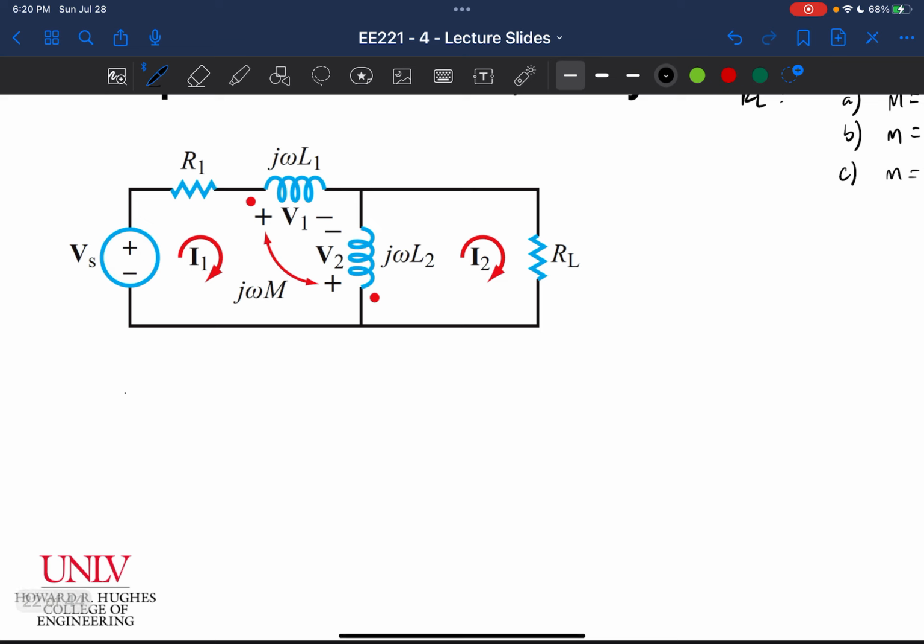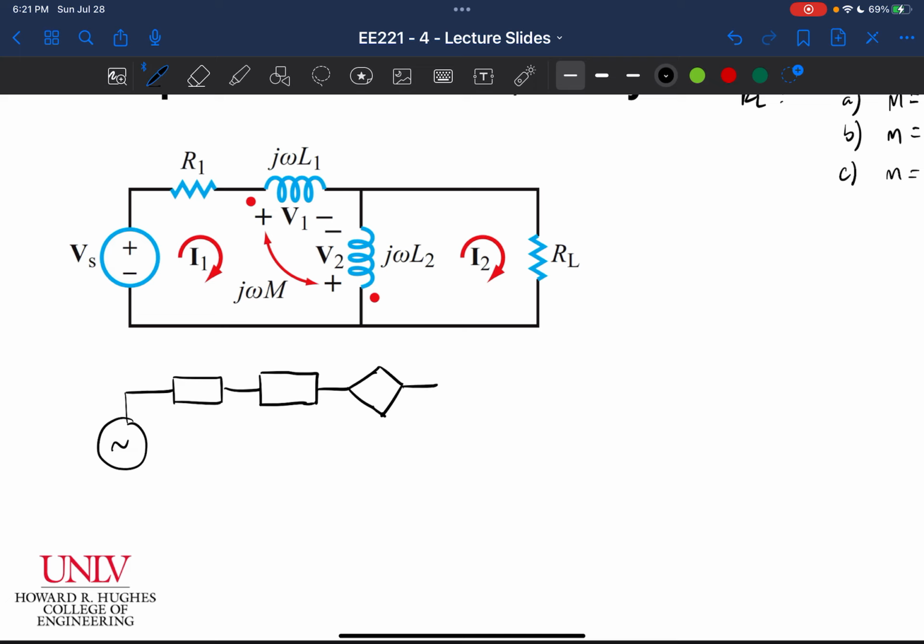Of course, I'm going to have this phasor Vs. I'm going to have an impedance R1, and an impedance for this first inductor. Then in series with that, I'm going to have the voltage source induced by L2. We don't know the polarity yet.